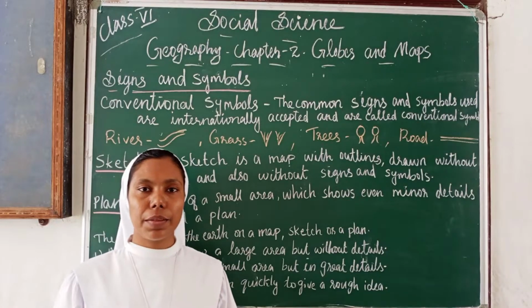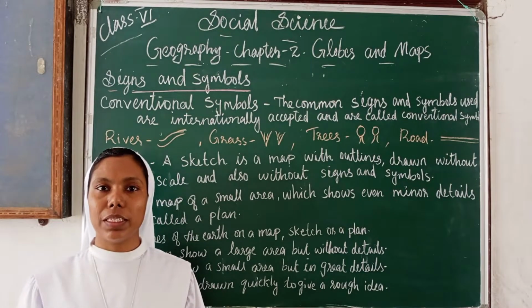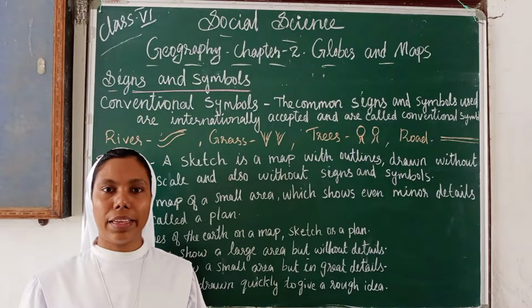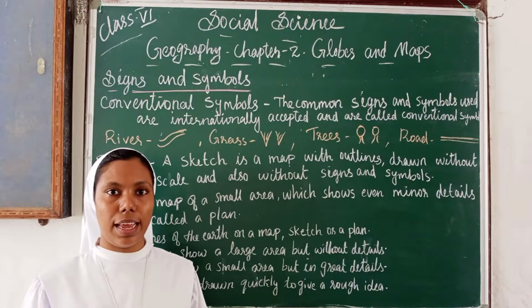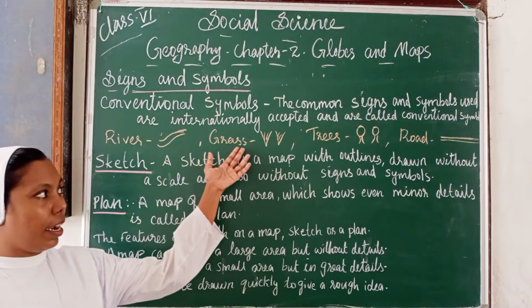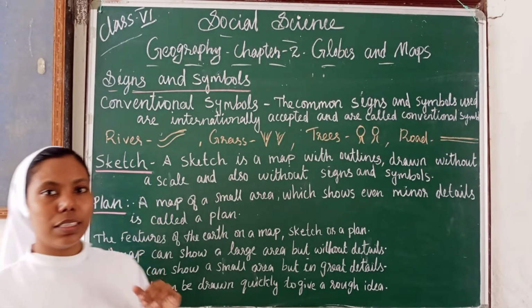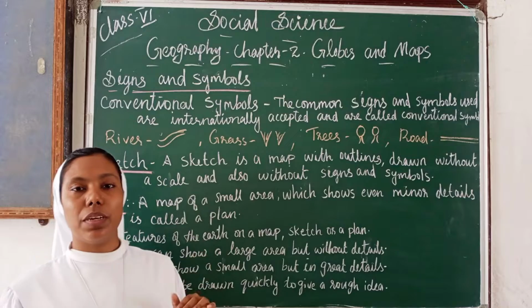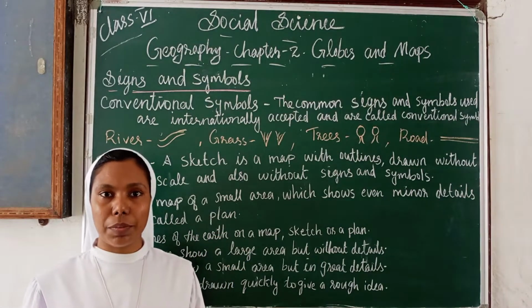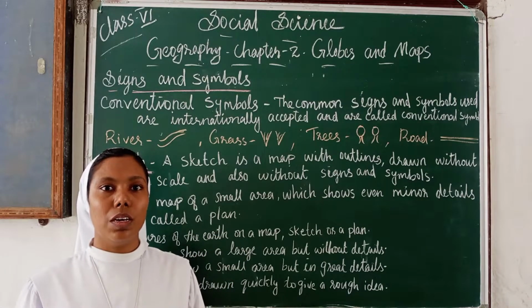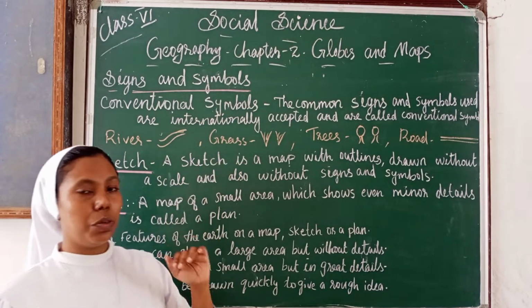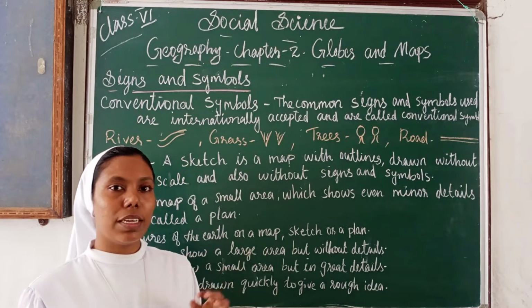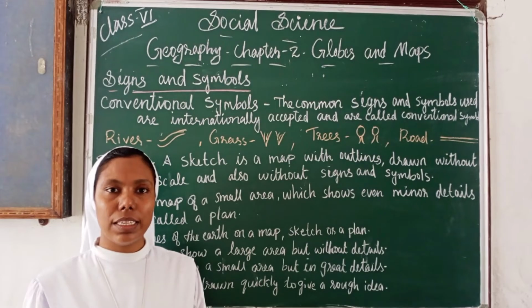Signs and symbols. There is not enough space on a map to show the actual size and shapes of features like roads, trees, grass, and rivers. We cannot show all this at actual size or shape on the map. There is no space, so we use some symbols or signs. Without them the map would have less information.